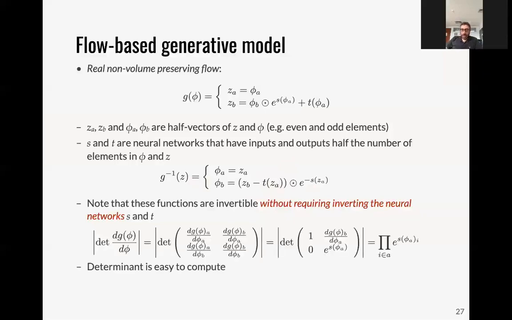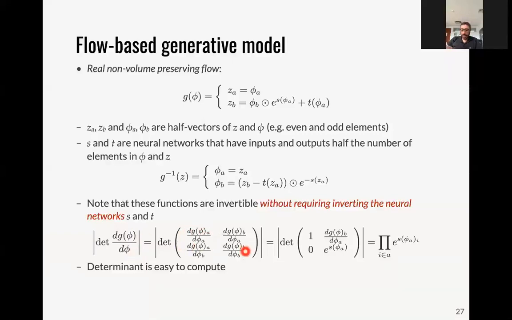And the other interesting aspect is that the determinant is also relatively easy to compute. So let's take this step by step. So again, we said the determinant now is a matrix, right? So basically you need to take the derivative of each element of G with every other element of phi, right?